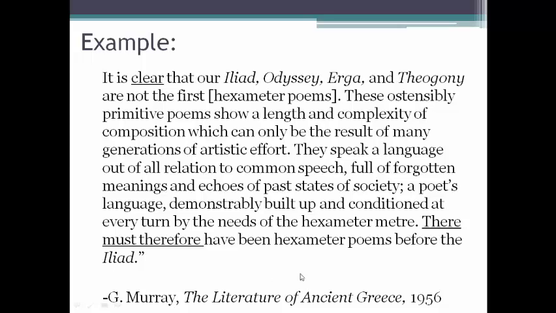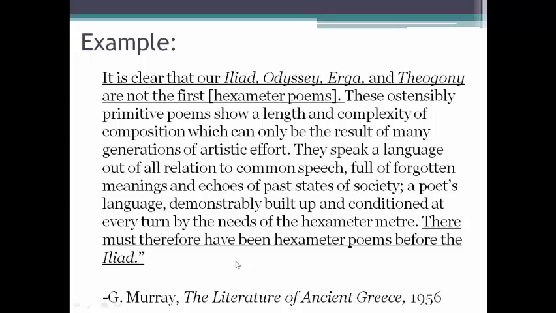So our conclusion is that there were hexameter poems before the Iliad. Let's go ahead and mark that. But something interesting to note is that the first sentence in the passage, it is clear that our Iliad, Odyssey, Erga, and Theogony are not the first hexameter poems, is just basically a restatement of what he ends with.